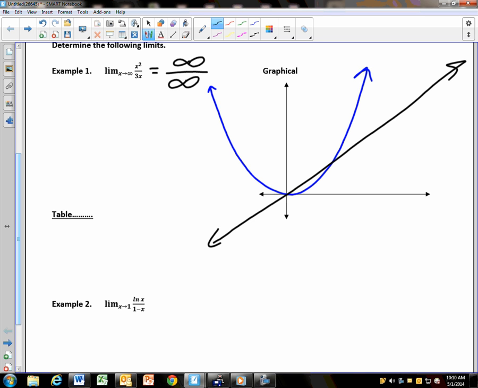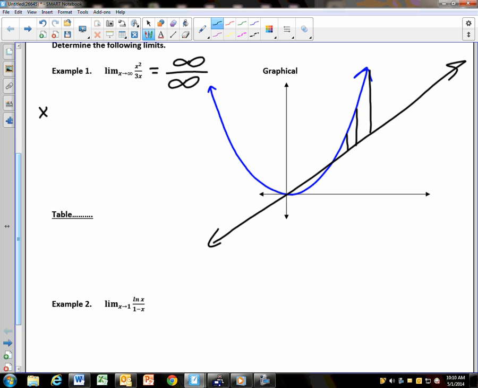In fact, it's going to infinity much more quickly. As you look here, the difference continues to grow and get larger and larger and larger. As it goes on to infinity, x squared gets much larger more quickly than 3x does. Yes. Yep.